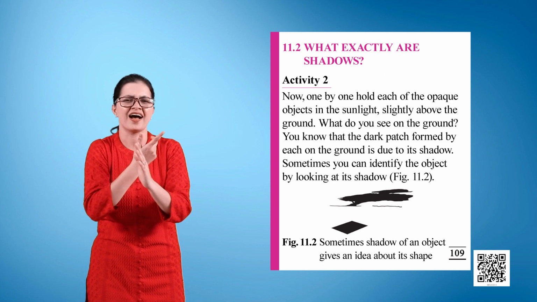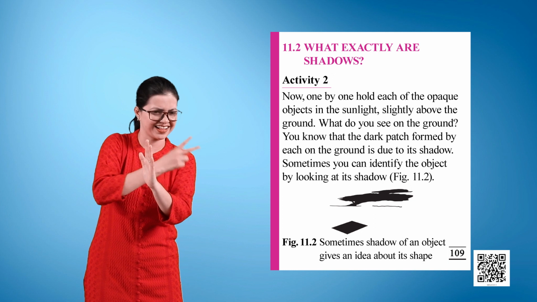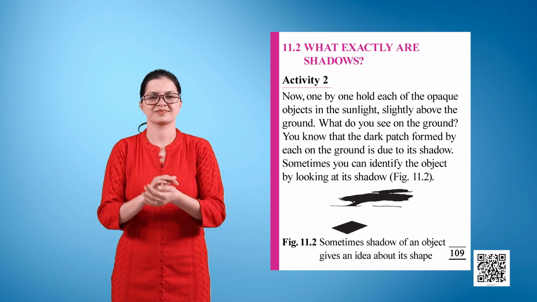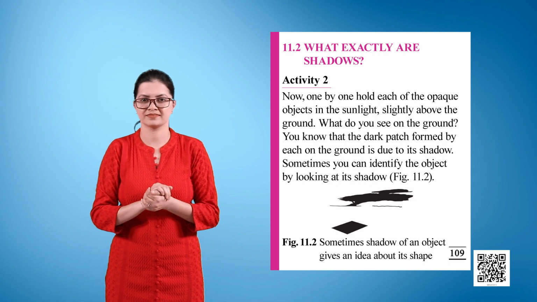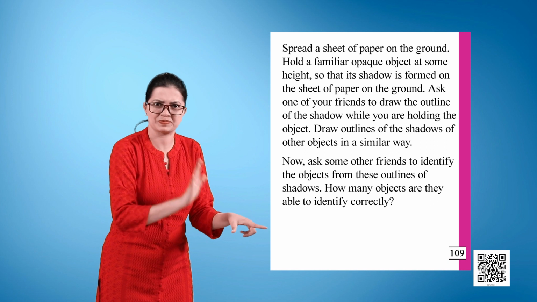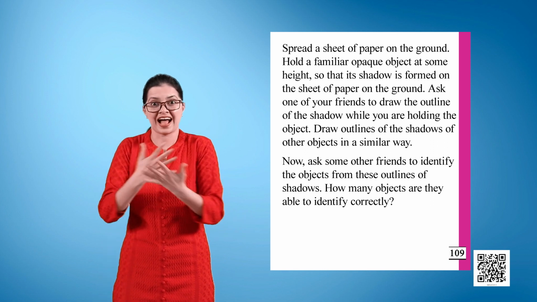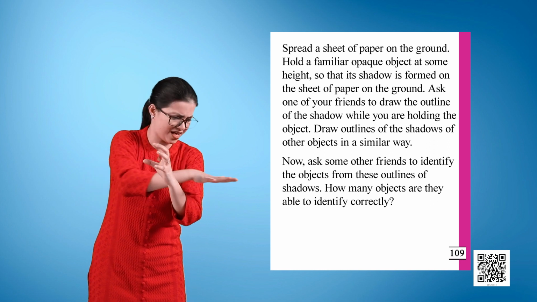Sometimes you can identify the object by looking at its shadow. Figure 11.2. Spread a sheet of paper on the ground. Hold a familiar opaque object at some height so that its shadow is formed on the sheet of paper on the ground.